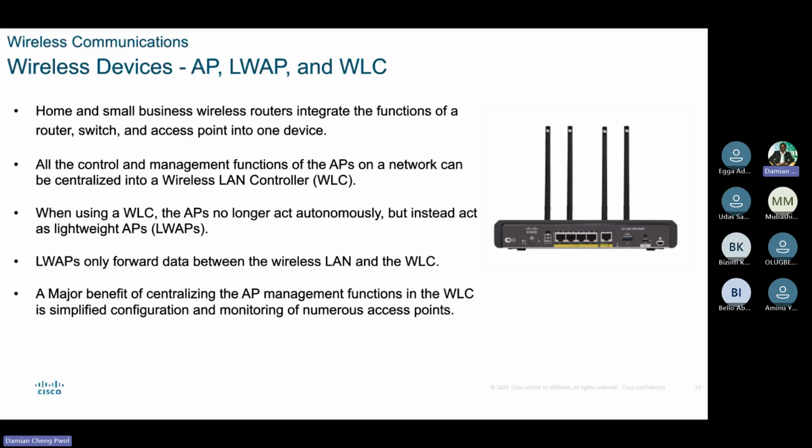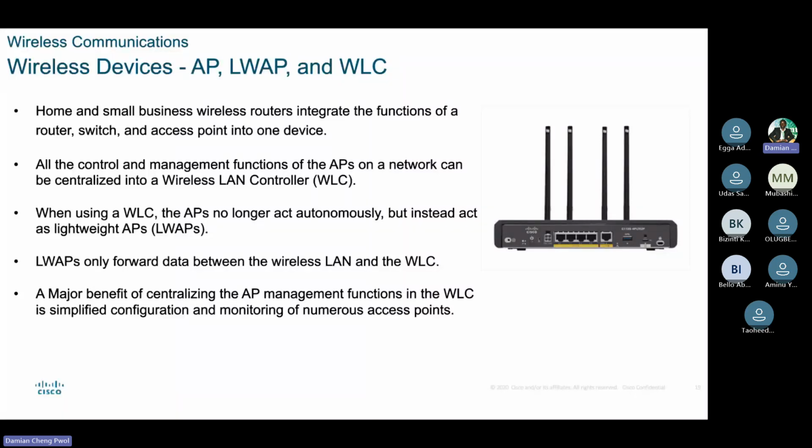The beauty about this is that you can do a lot of things. You can monitor activities based on a particular access point in a location. Like here, we have the IT guys in the University of Jos.